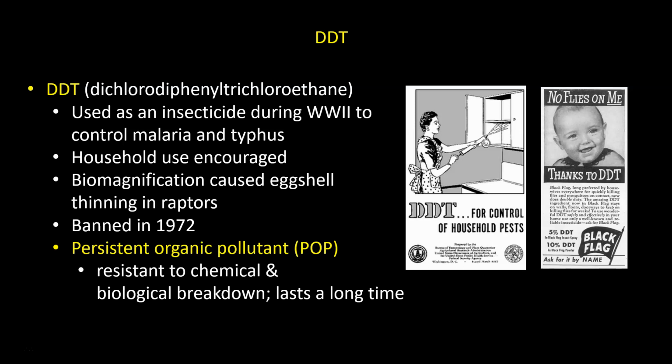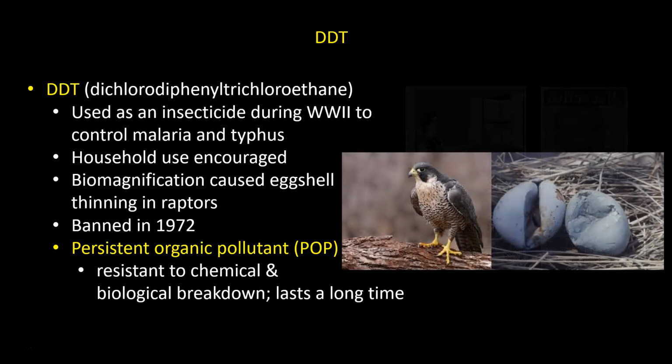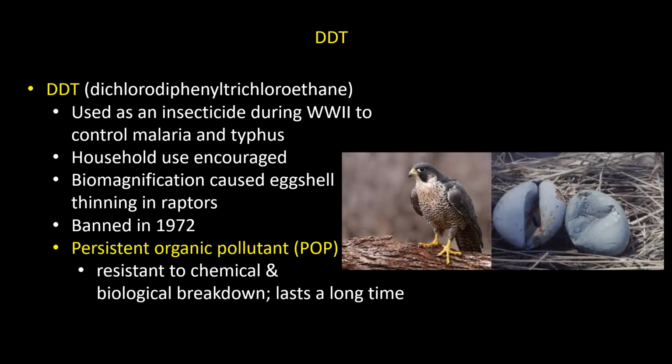In the 1960s and 1970s, however, evidence began mounting that DDT was causing the deaths of birds and other species and endangering human lives. Scientists began realizing that DDT was biomagnifying up the food chain and was responsible for the thinning of the eggshells of raptors such as condors and peregrine falcons, causing a significant decline in their population.